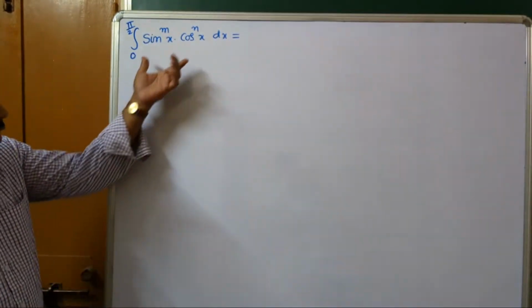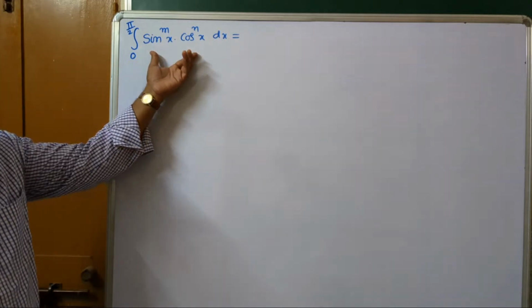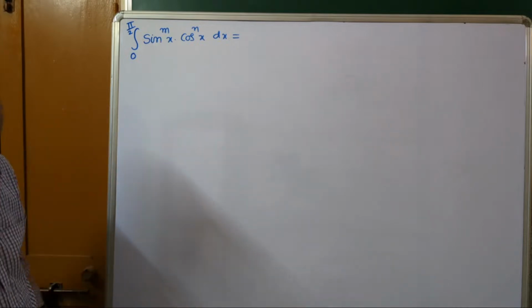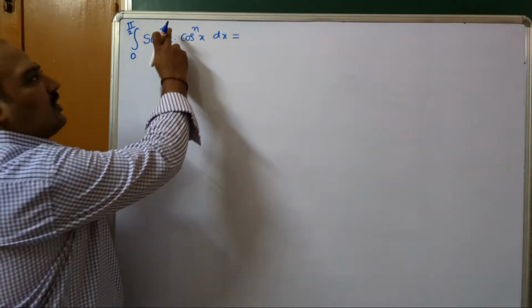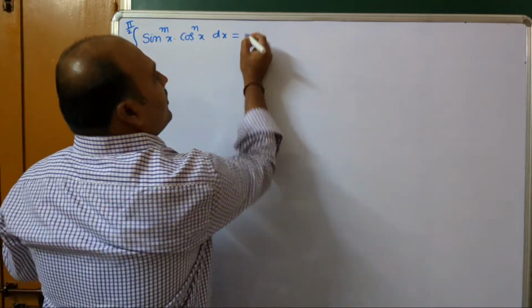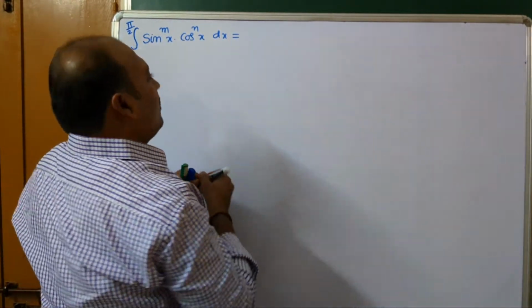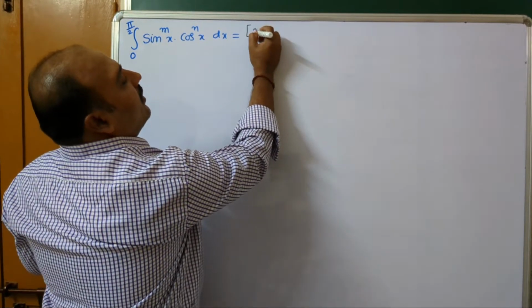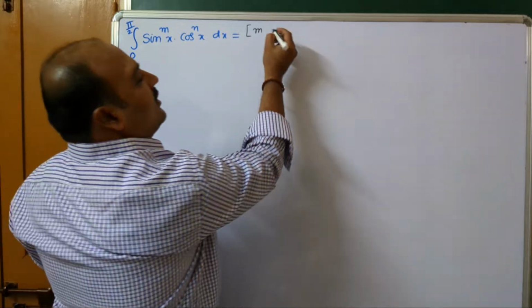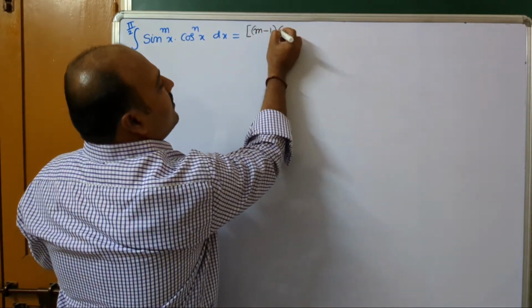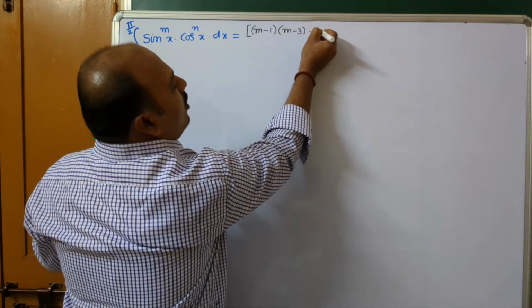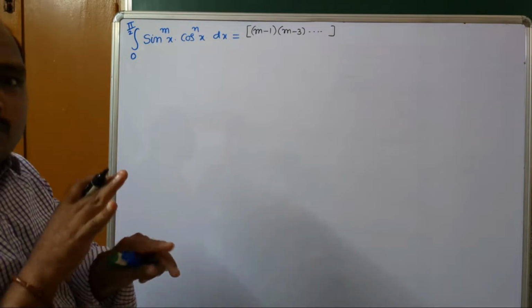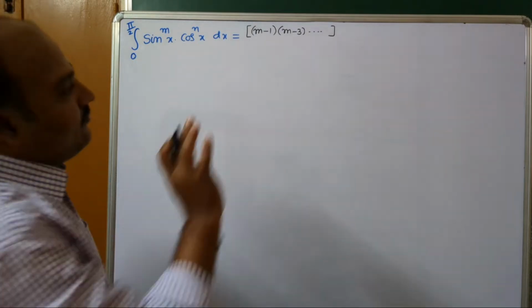So whenever a product of sine and cos with powers m and n is there, how to write the formula easily? First, whatever m is there, in the numerator keep one bracket. For m, you write m minus 1, m minus 3 and so on, till you have to write the values. You should not get zeros and negatives. Till there you write.